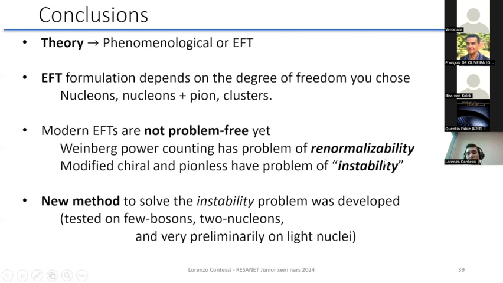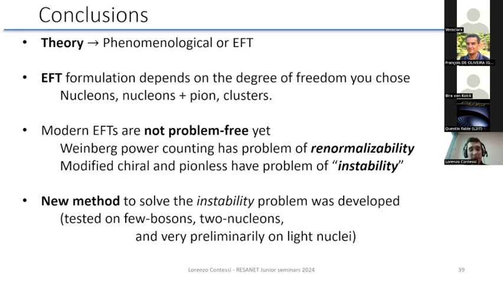Namely, you want to have a way of stabilizing P-wave systems that at leading order, at least for pionless effective field theory and the modified chiral effective field theory power counting, are not stable against the collapse into alpha particles and S-wave clusters. And what we propose is a new method to solve this instability problem, which is this improved action method that changes only the leading order of the theory, but not the theory itself.